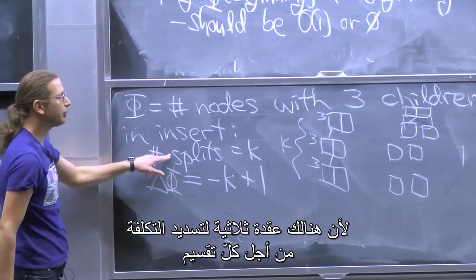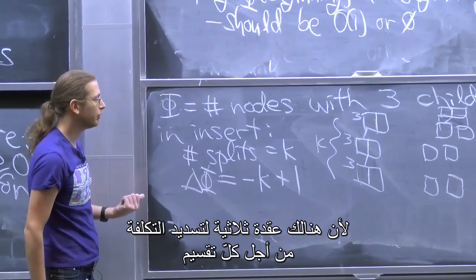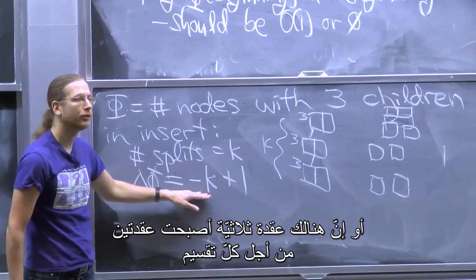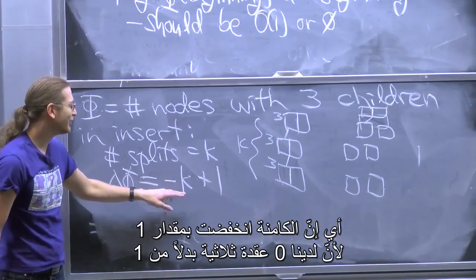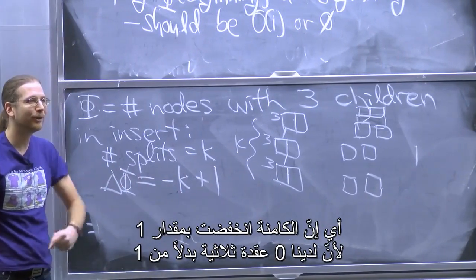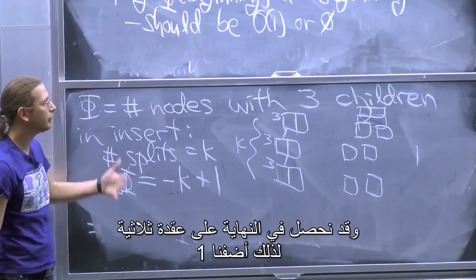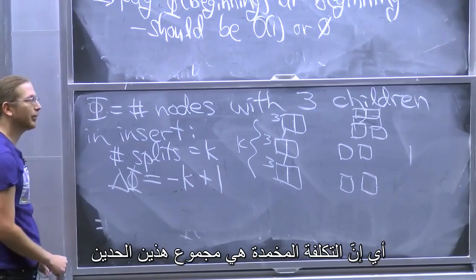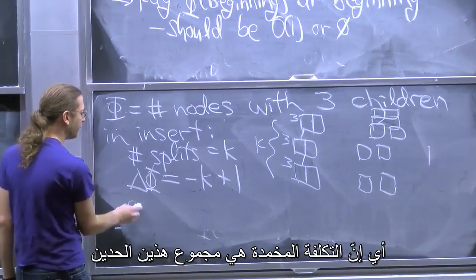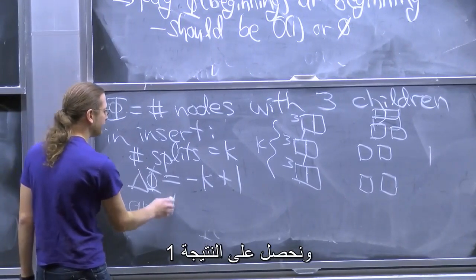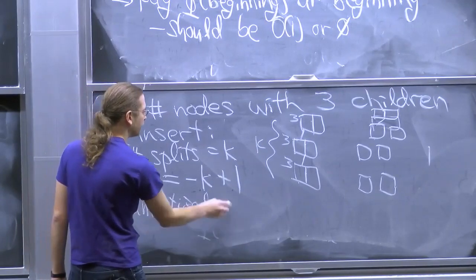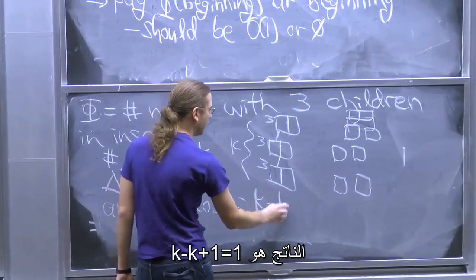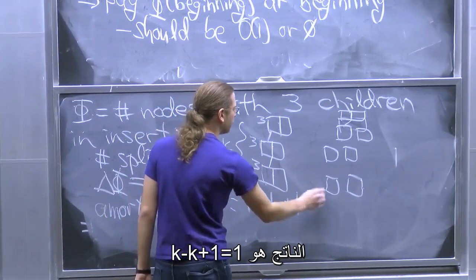Because for every split, there was a 3 node that became 2 nodes. So the potential went down by 1, because you used to have one 3 node, then you had 0. At the very end, you might create one 3 node. That's the plus 1. Okay, and so the amortized cost is just the sum of these two things, and we get 1. It's k minus k plus 1, which is 1.